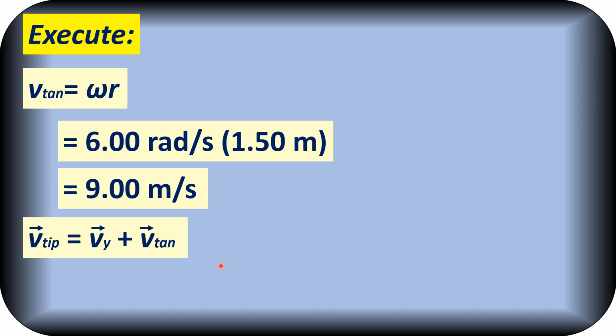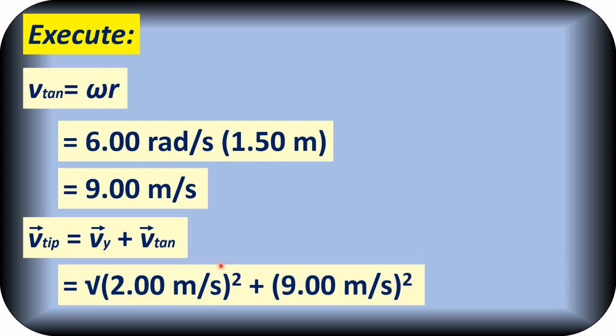V sub tip, or the magnitude of the velocity of the tip of the hammer, equals the square root of the square of 2.00 meters per second plus the square of 9.00 meters per second. 2.00 meters per second is the value of the vertical velocity of the hammer tip, v sub y, and 9.00 meters per second is the computed value for the tangential velocity, or v sub tan.